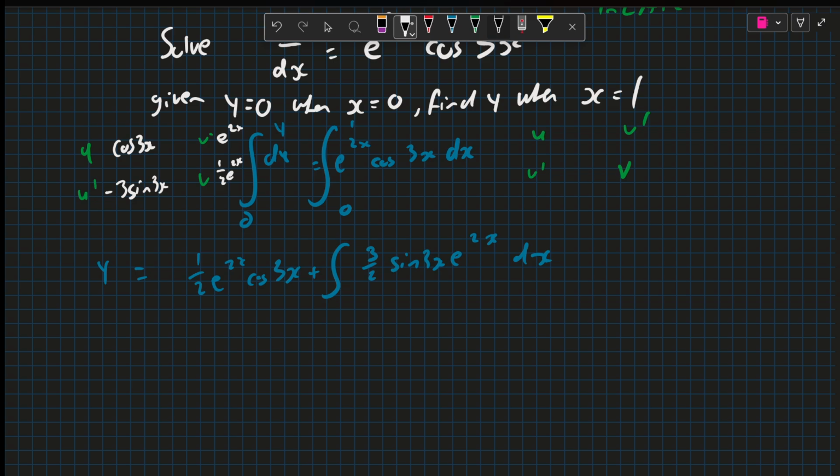So we can, again, chuck the 3 halves out because it's just a multiplicative constant. And we can just integrate sine 3x e to the 2x. So again, trigonometry comes first, so sine of 3x, which goes to 3 cos 3x. V dash, again, is our e to the 2x, which becomes 1 half e to the 2x.